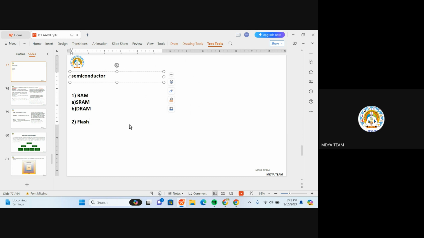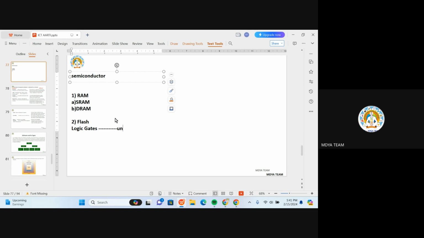Memories are made up of logic gates, and flip flops are made up of logic gates. There are two universal logic gates, NAND and NOR. So flash memories are made up of logic gates.